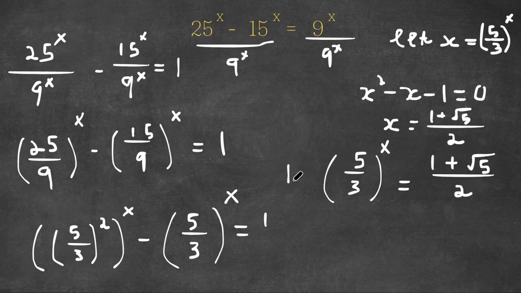Now I'm going to take the ln of both sides. Because I took the ln, I can actually move this x to the front. So now we have x ln of 5 over 3 equals ln of 1 plus the square root of 5 over 2.